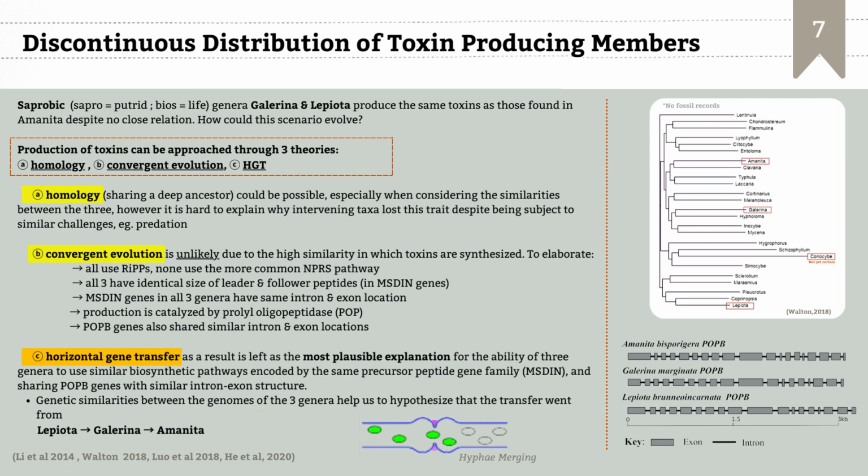And they also use the same catalyst family. So it's hypothesized that the transfer went from Lepiota to Galerina to Amanita, but I'm not super sure how accurate that is. It's just what's being hypothesized.